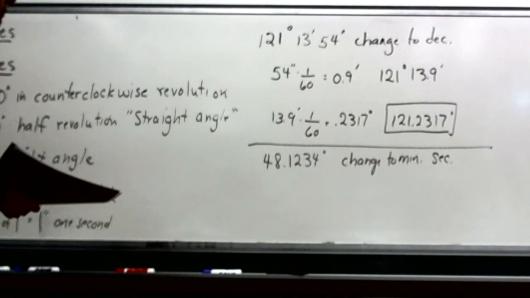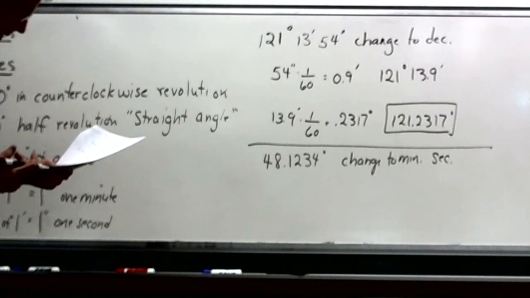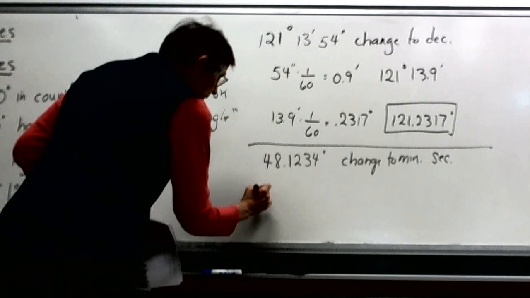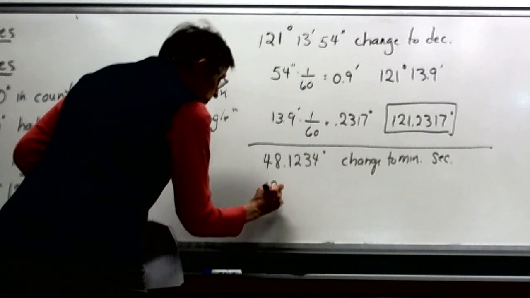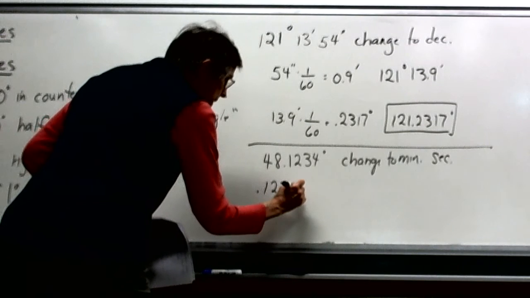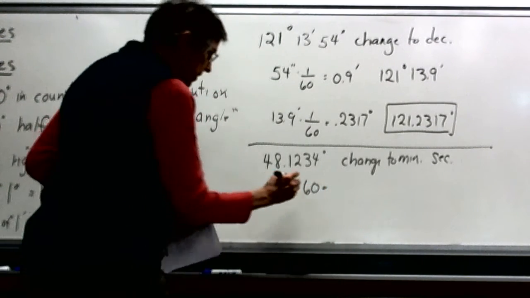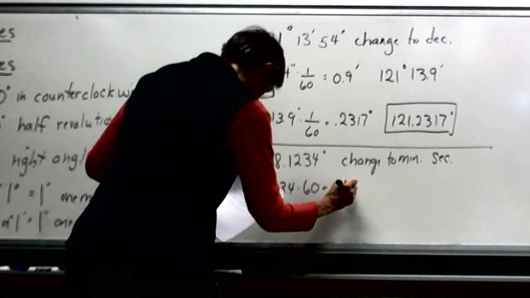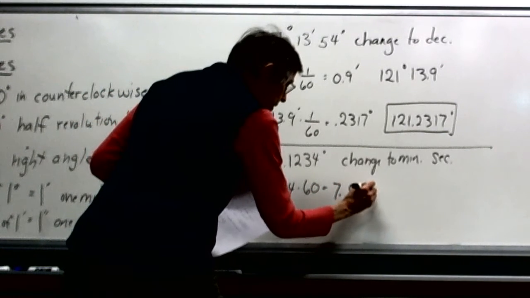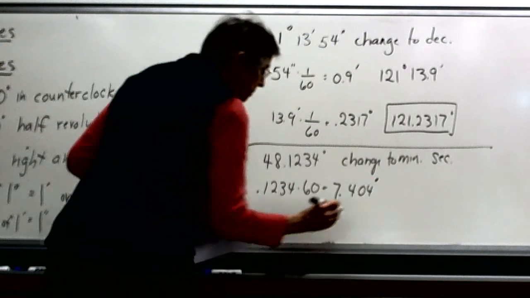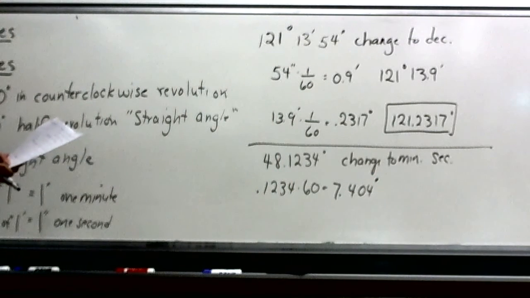Instead of dividing by 60, you're going to be multiplying by 60. So we start off with 0.1234 times 60, and that will give us 7.404. And that's going to be the minute units on the degrees.